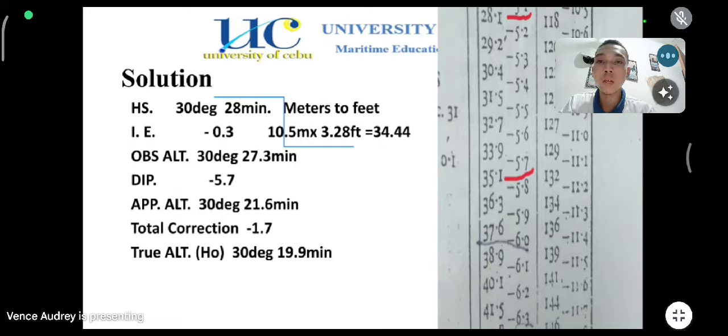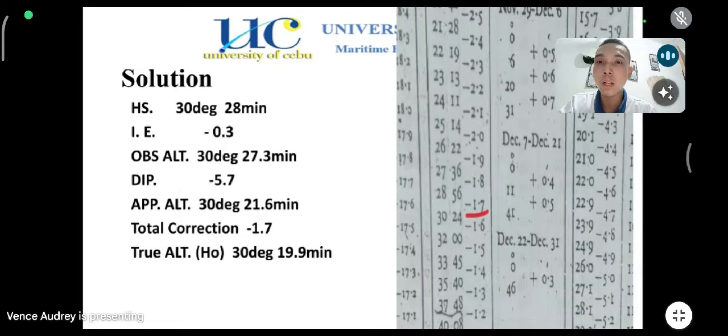In the height of eye column, 34.4 feet equates to 5.7 minutes. We subtract it from our observed altitude to get our apparent altitude, which is 30 degrees 21.6 minutes.